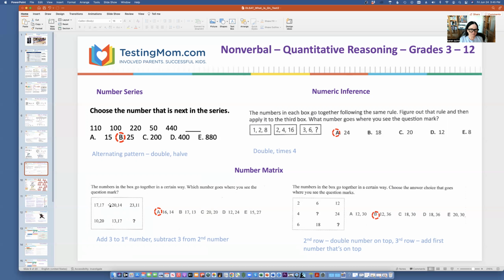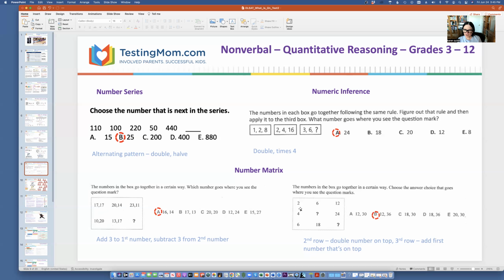So 17 plus 3 is 20, and then it's 23, and then minus is 14, and then 11, and then 10 plus 3 is 13, and then it'll be 16 over here, and then we subtract 3 and it'll be 14 over here. And so that's how we get to this number, A being the answer.